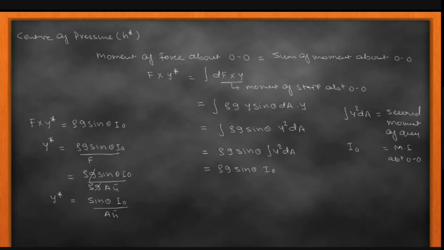A H cut. Now students, we use a different relation. So I just write the formula that Y star equals sine theta I naught divided by A H cut. Now we know that H star equals Y star into sine theta. So we put down the value of Y star.